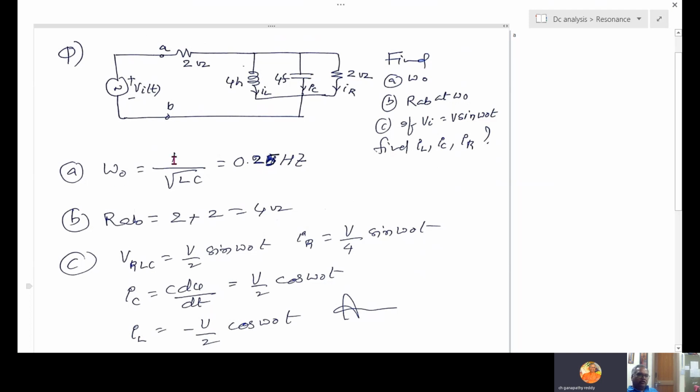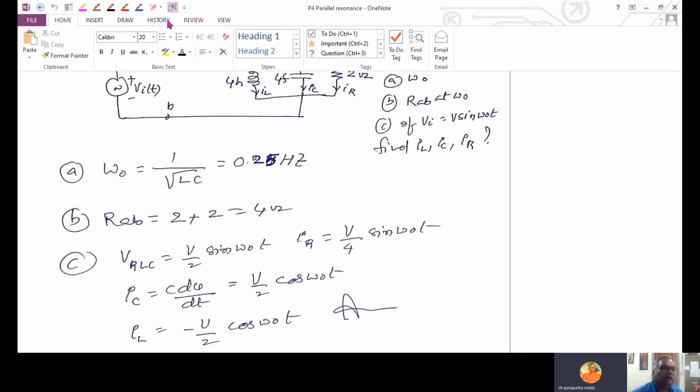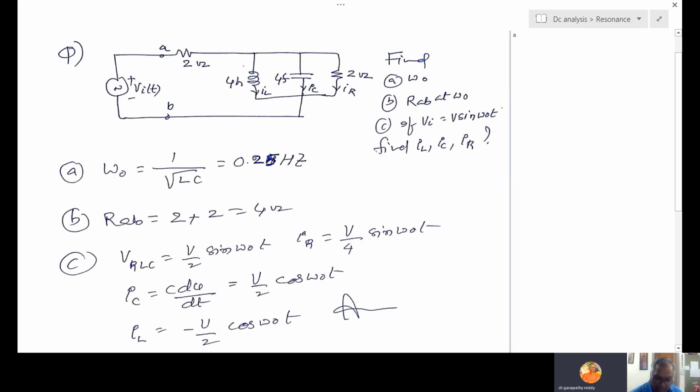So omega naught is 1 by root LC. The L value and C value are given. Substitute, you will get 0.2 rad by H. So what is RAB? It is 2 plus 2. Why 2 plus 2? What is this resistance?